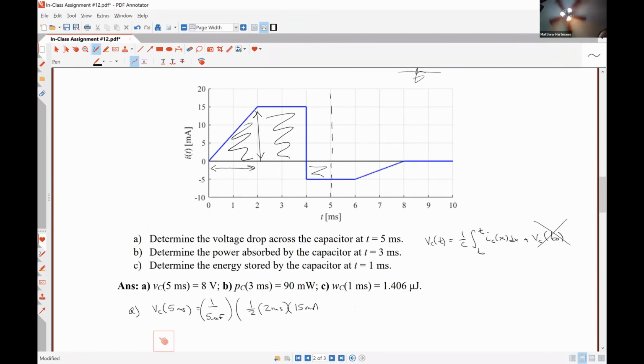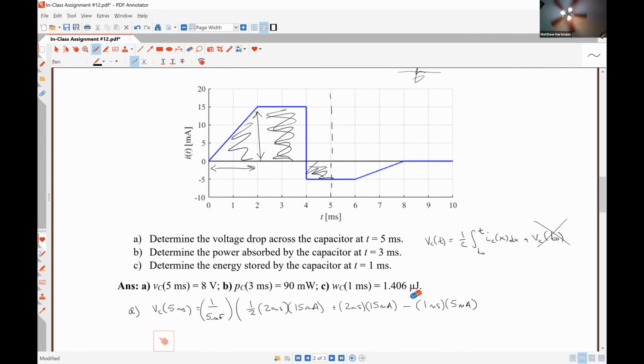And we have our rectangle bit right here. The area of a rectangle is simply base times height. So again, our base is 2 milliseconds. Our height is 15 milliamps. And finally, we will subtract this rectangle. It has a base of 1 millisecond and a height of 5 milliamps. Technically, it has a height of -5 milliamps, but I've already taken care of that by this negative sign right here.